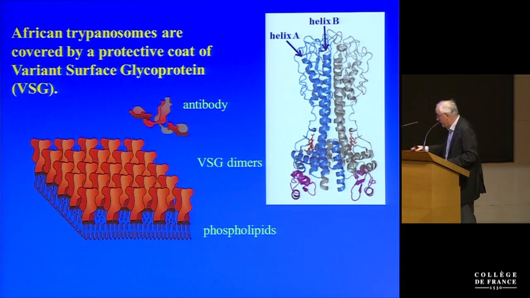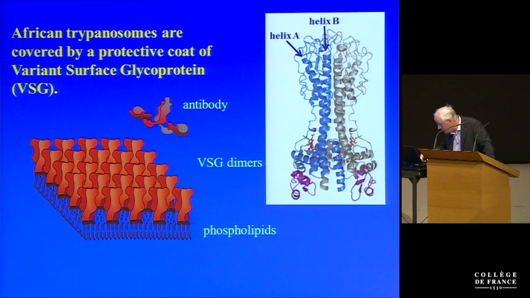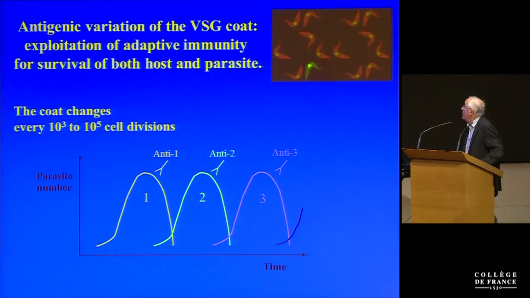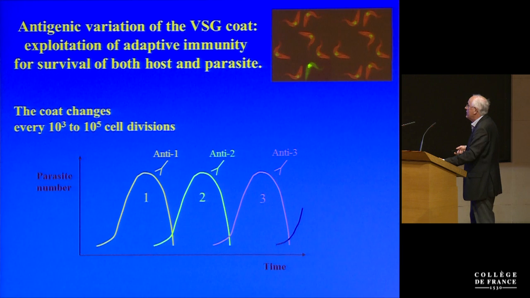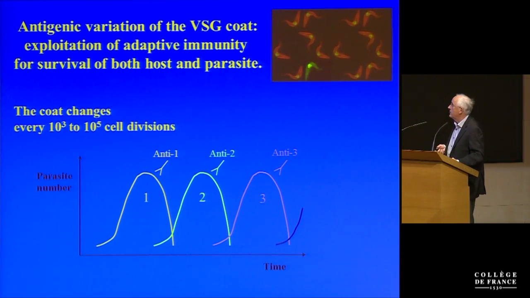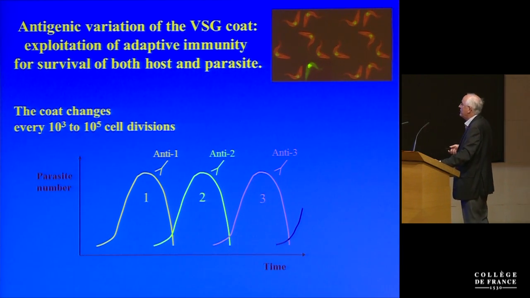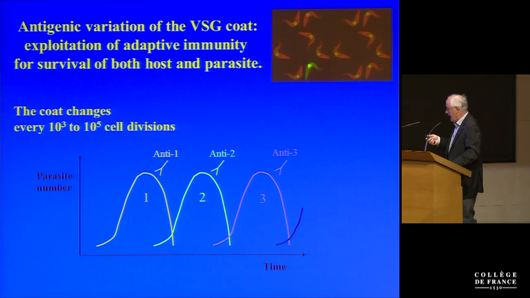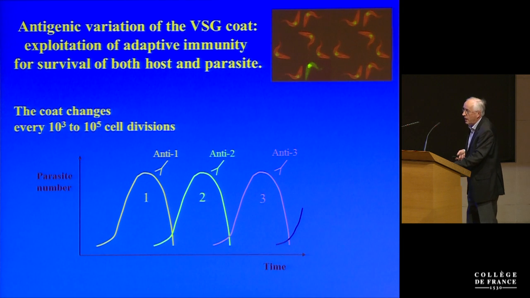Now, the reason for mentioning the VSG is that it's basically an antigen, presenting epitopes at the surface to the host. And what is striking in the case of the VSG is that this antigen is changed every week.